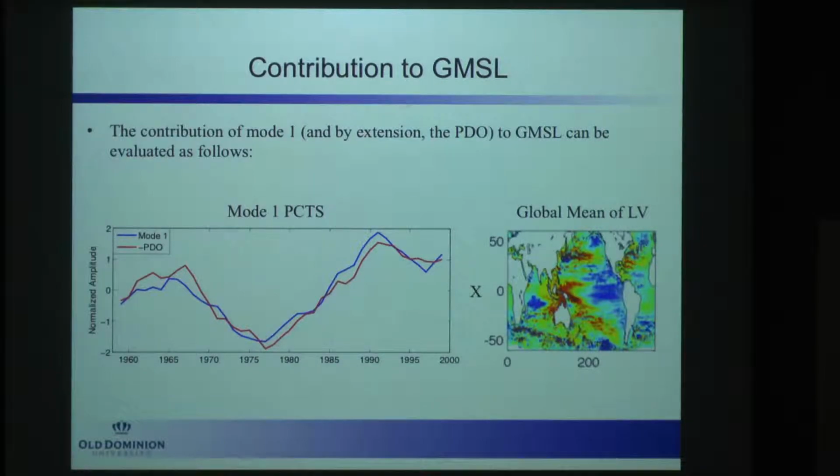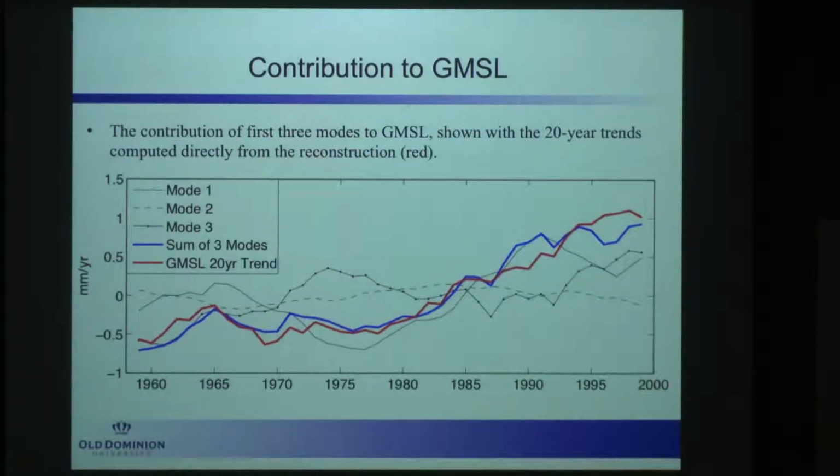So we can take this a step further. Knowing that this mode is related in some way to the PDO, and taking the global mean of this loading vector, we can evaluate the contribution of the PDO, by extension, to global mean sea level. Taking the spatial average here, multiplying by this last point, we can get an idea of how much the PDO has contributed to our 20-year satellite altimetry record.